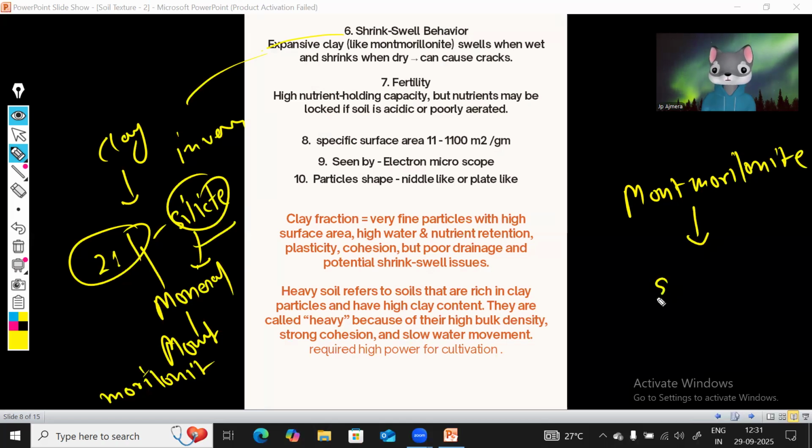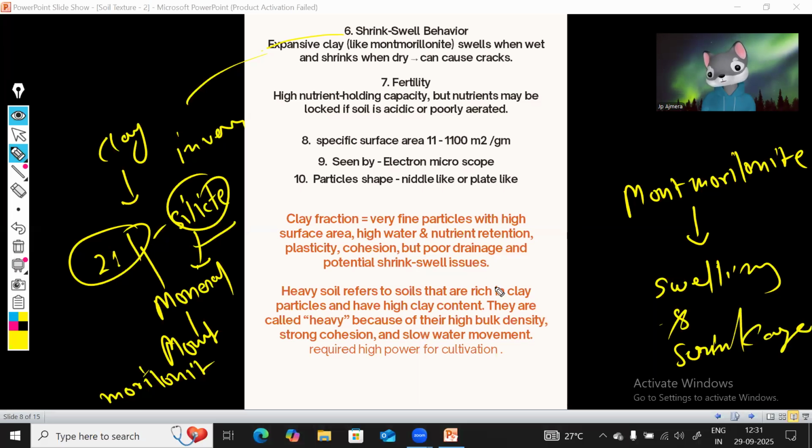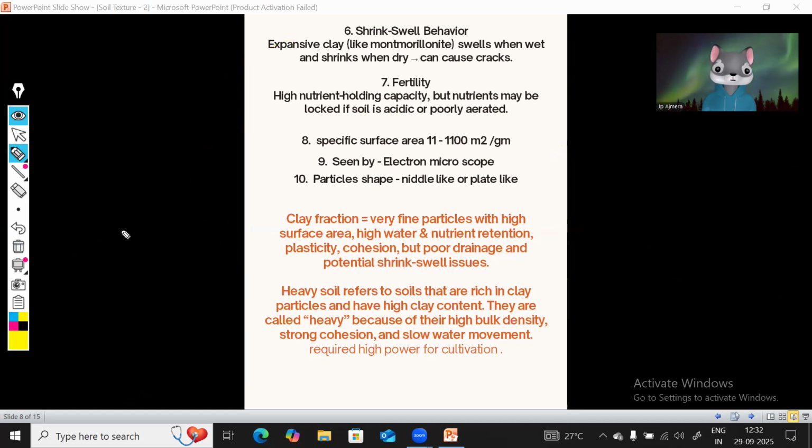It has the capacity of swelling and shrinkage. So that's why clay has the capacity of swelling and shrinkage. Explicitly, like montmorillonite, it swells when wet and shrinks when dry, in both ways.